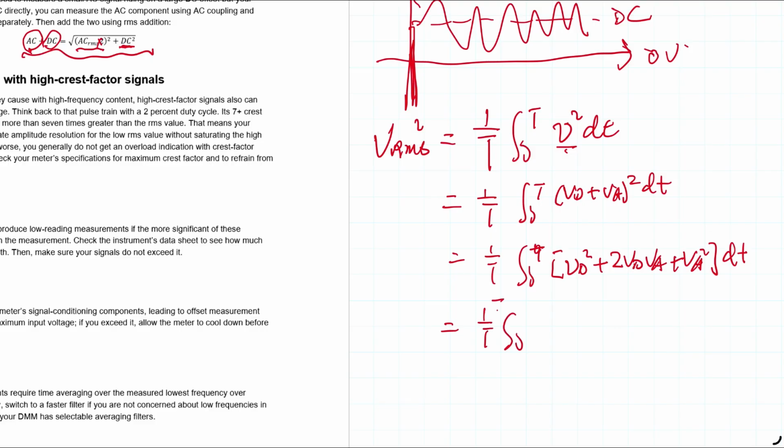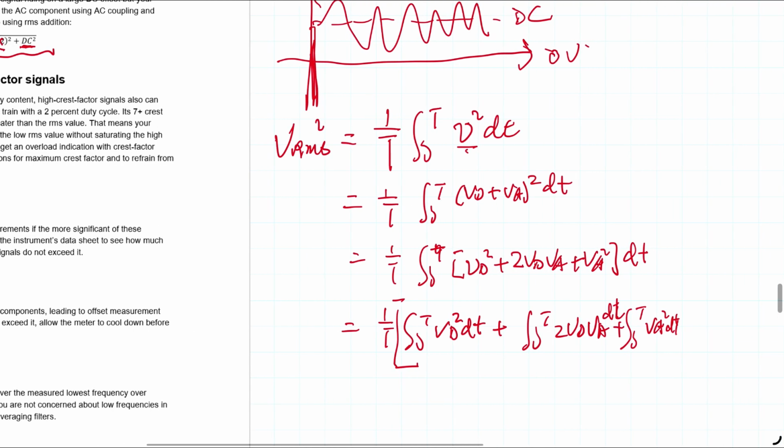The first part, I put a bracket here, is the integral from 0 to T of VD squared dt, and the second part is the integral from 0 to T of 2 VD VA, plus the integral from 0 to T of VA squared dt. Okay, the first part, from 0 to T of VD squared dt, is basically a constant.